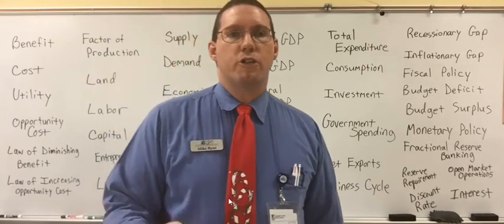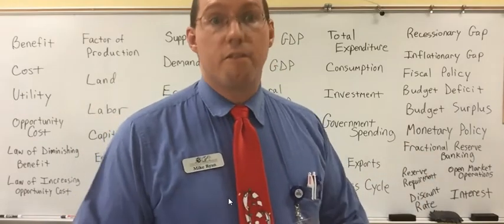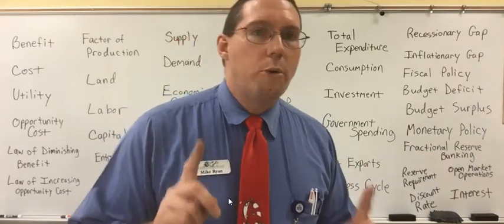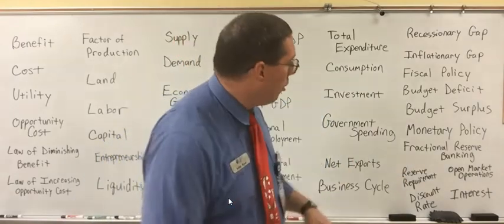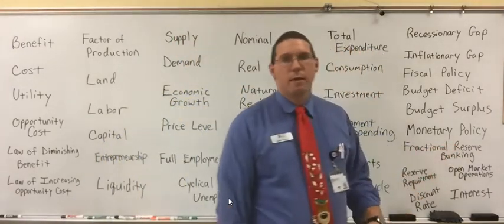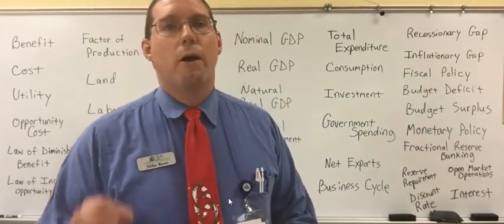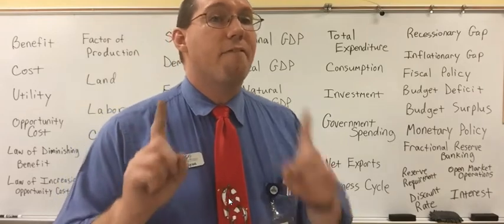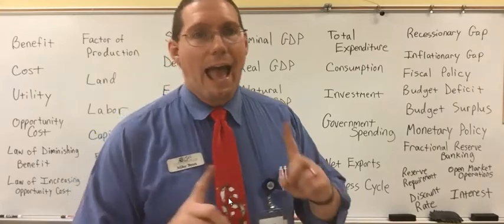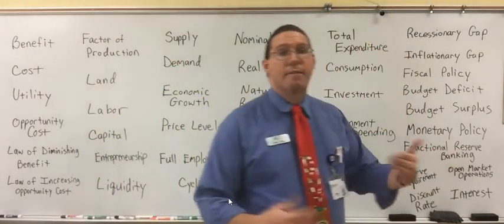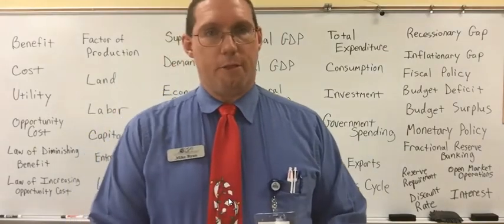Our banks in this country are allowed to loan out most of the money that is deposited. They are allowed to loan out a fraction of the money that is deposited, and that is called a fractional reserve banking system. Fractional reserve banking is a banking system where banks only have to keep a fraction of the deposits that people have made as a reserve for depositors who may want to come back and get some of their money back.